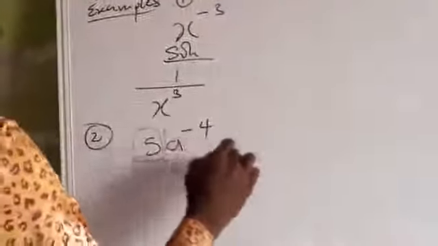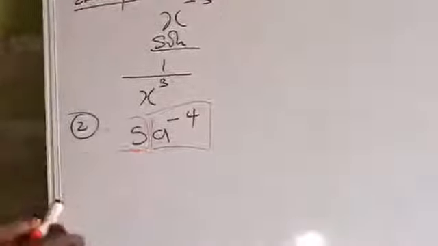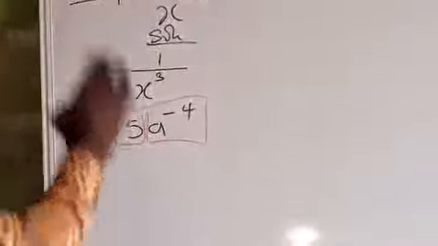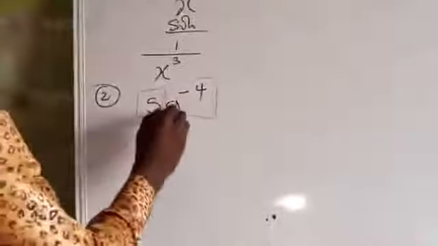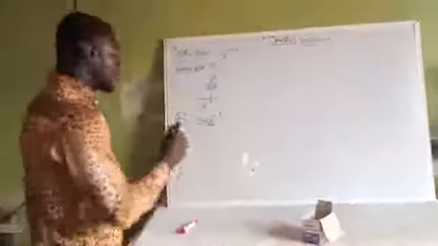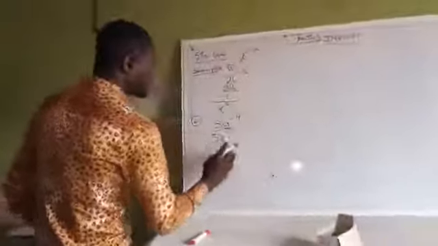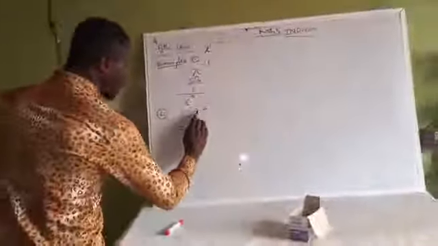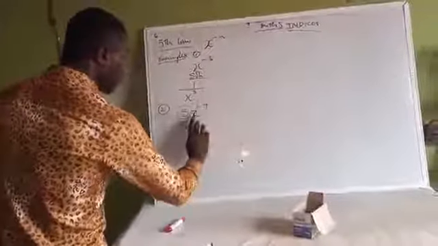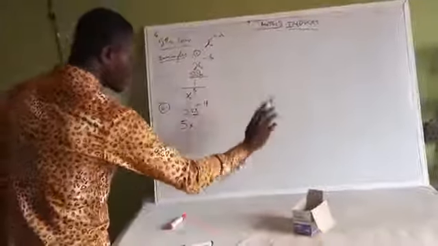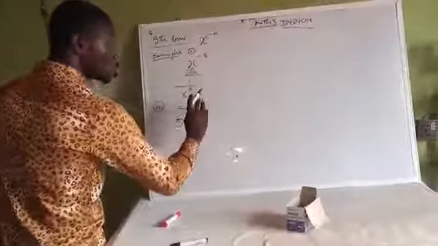This is the one where we obey the law of indices, because a here is standing as the base. So we say 5 times a raised to power minus 4. The minus here is going to be 1 over.